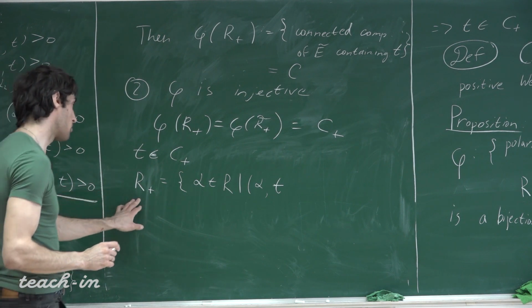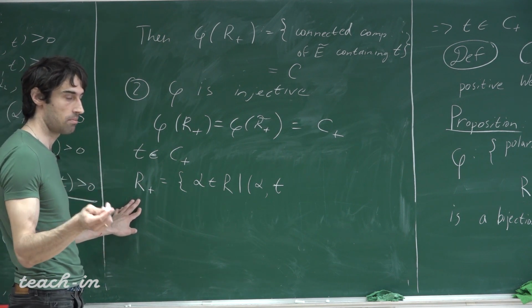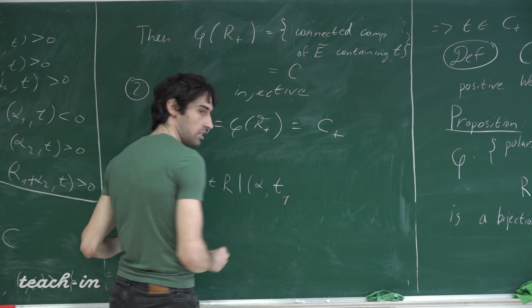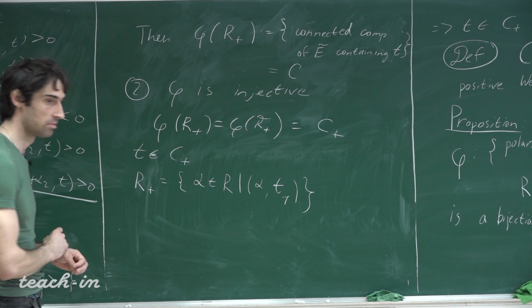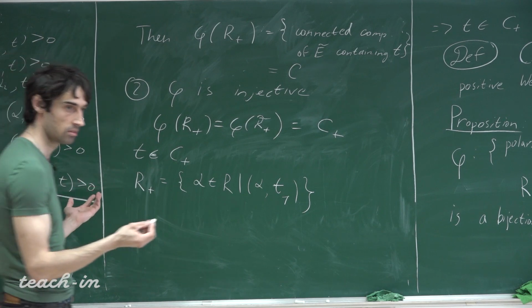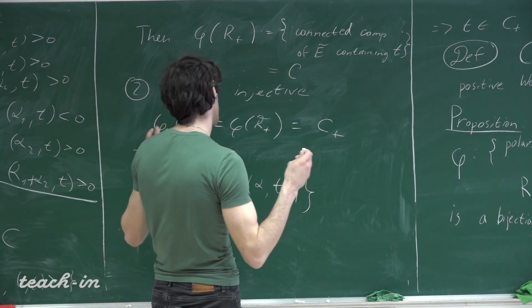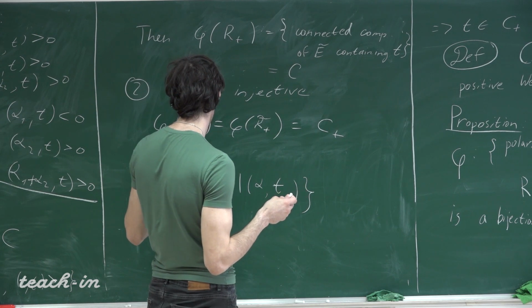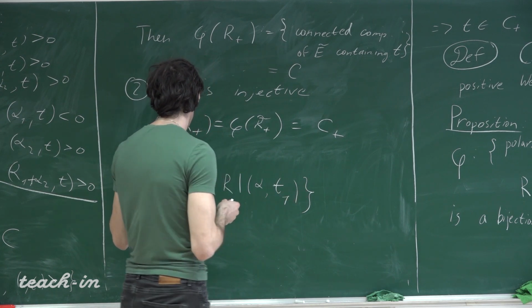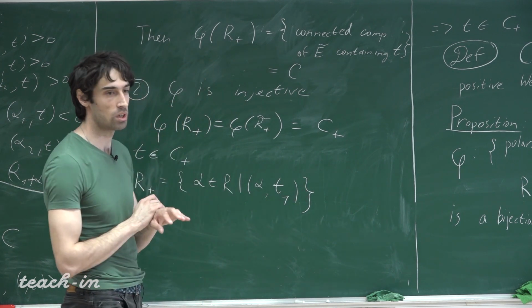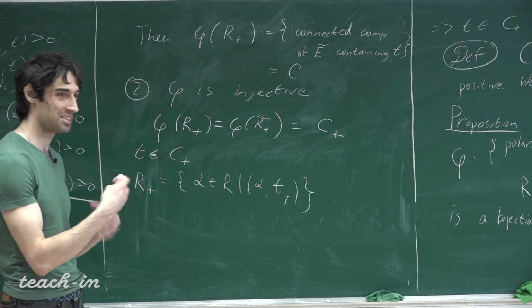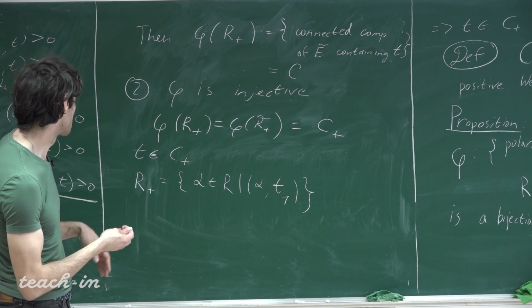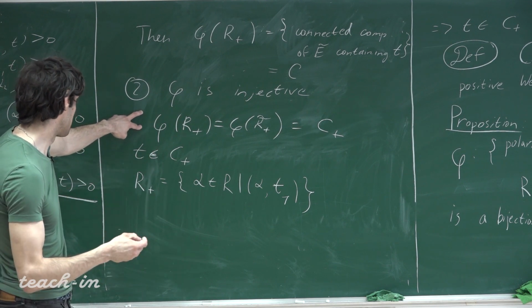Right. So for R plus, I have some regular element that defines it. Right. So for some T1. What I know is, it's all pretty simple, but still, you need to say something here, right?